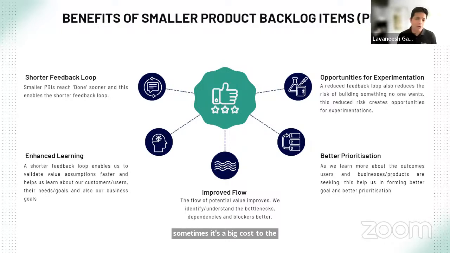When our product backlog items are smaller, the risk associated with the failure of that experimentation also goes down. And our leadership and management feel much more comfortable with the word experimentation. So my advice, if you are really looking to build experimentation in your world, why not look for some smaller experimentation and some smaller product backlog items as well?